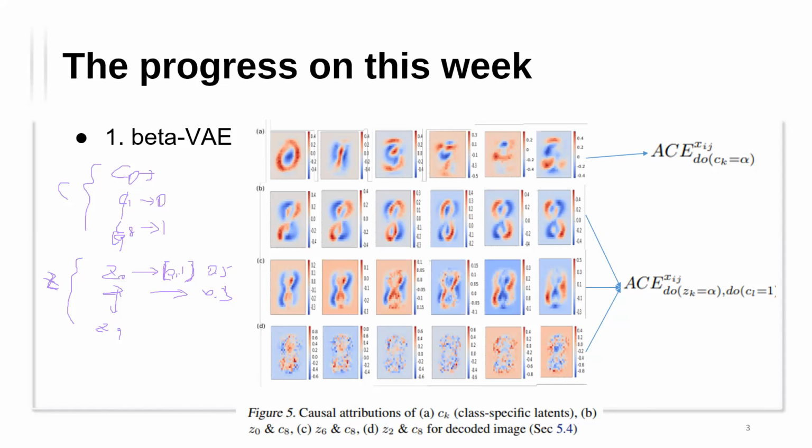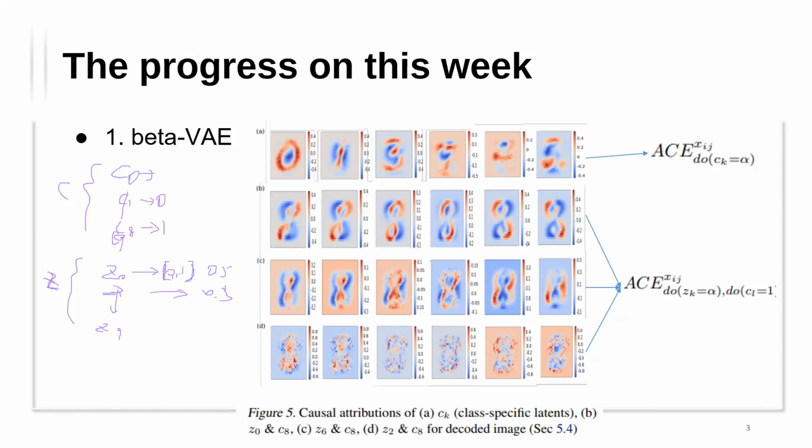So if you set, for example, from row A, the first image in row A, they set C0 to be 1 and observe the average causal effect on each pixel in the output. This way they will know that if you set C0 to be 1, then the red ring would have a positive average causal effect.